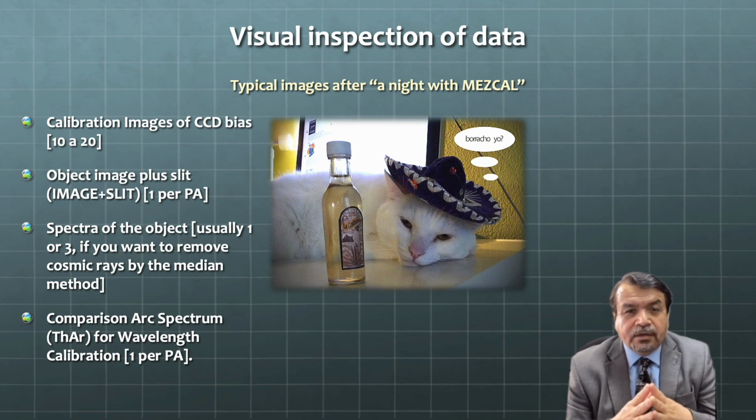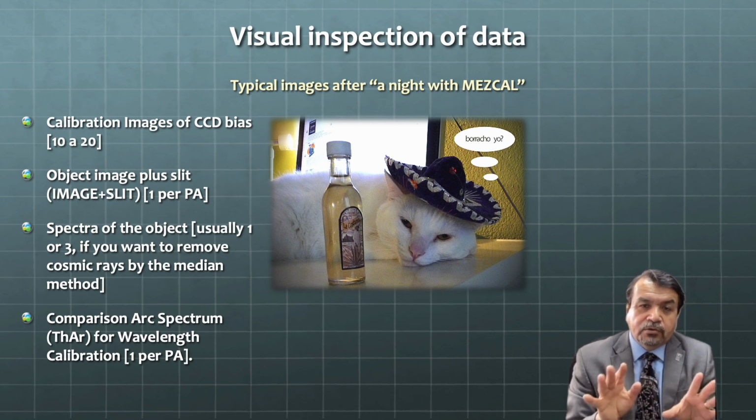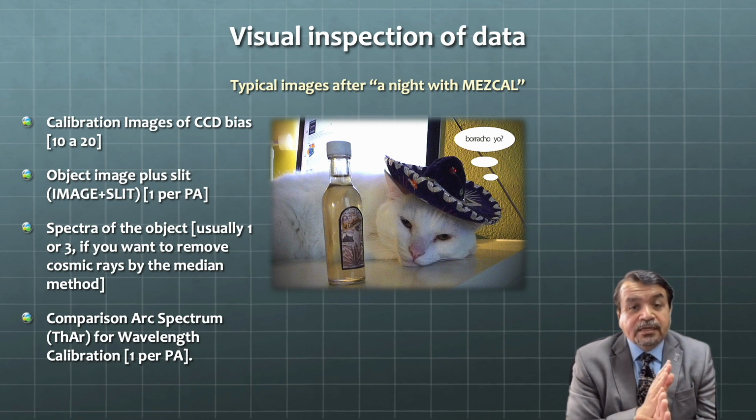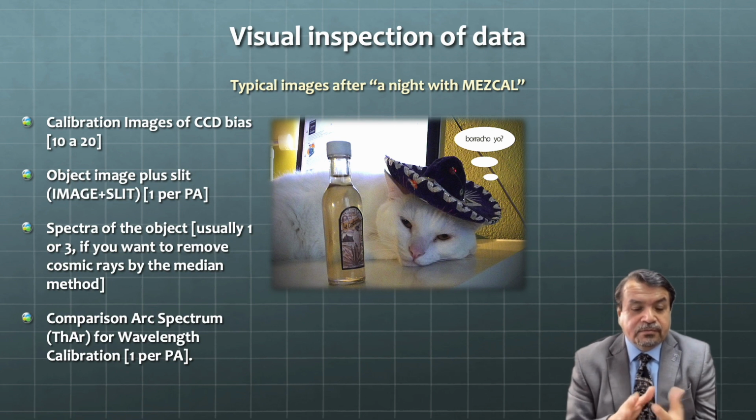In general, my typical approach and recommendation is to observe the same spectrum 3 times using an identical configuration for accurate and reliable results. That enables us to combine them to remove cosmic rays in the most natural way possible, using a median combination.